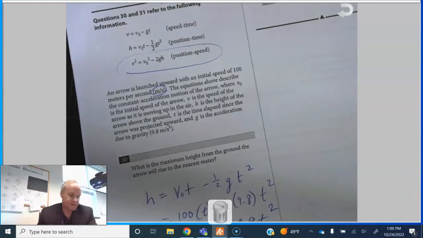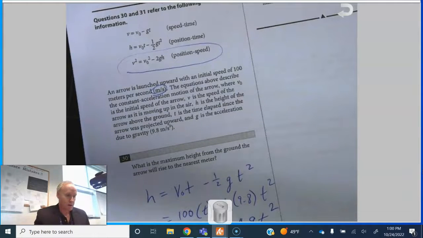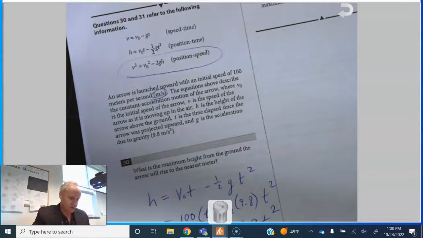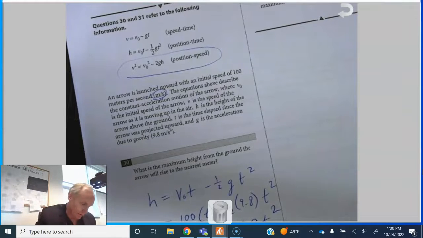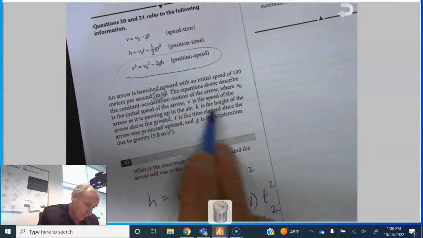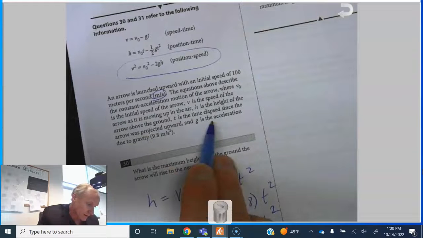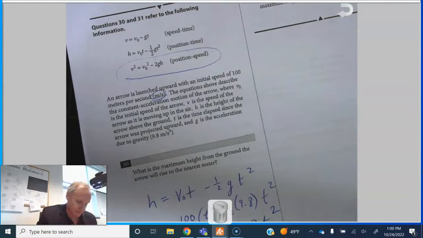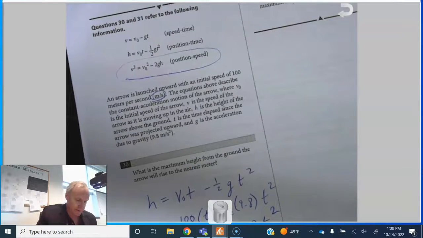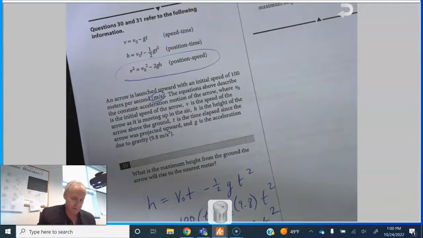If we find out when this is at 0, the arrow will reach its maximum height halfway through, assuming that you're launching it from the ground. Let's see if we are. Yeah, they're assuming that you launch it from 0. That means the maximum height is going to be right in the middle of those two.